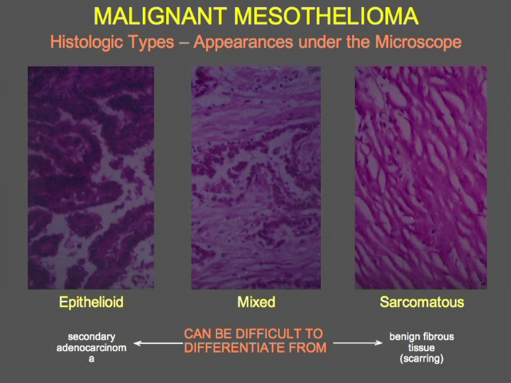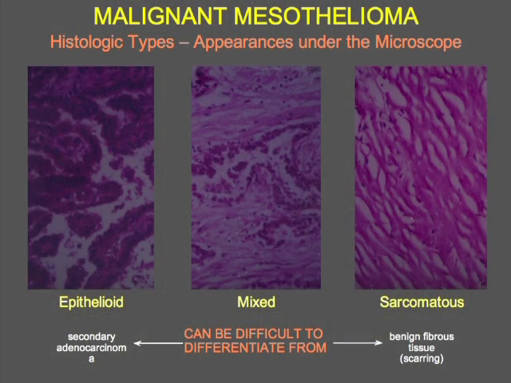They can be difficult to differentiate from benign fibrous tissue or scarring of the pleura. So we'll talk about that a little bit later, but it's important for the pathologist to have a lot of experience in looking at mesothelioma and looking at these other asbestos-related conditions in order to make the correct diagnosis.